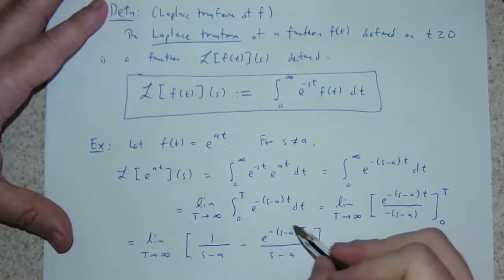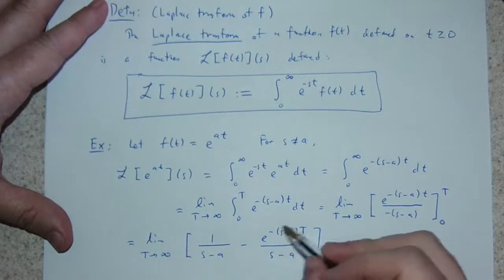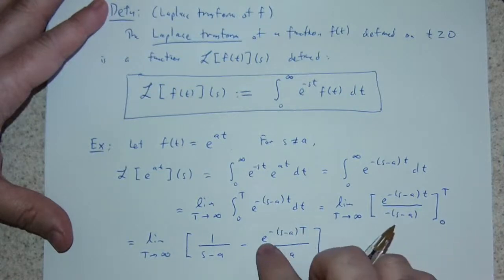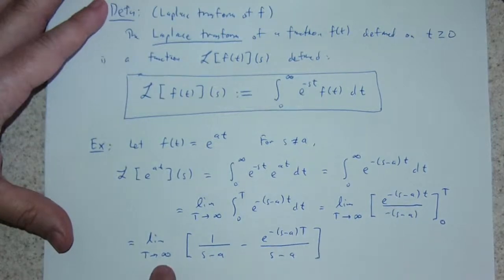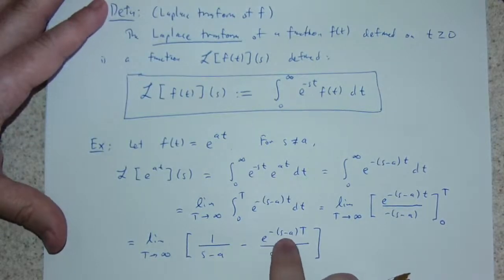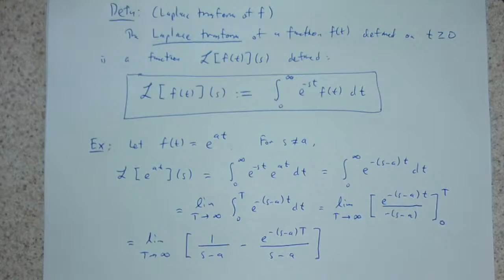If everything before it is negative, then this would be e to a big negative number as T gets larger and larger, which would be effectively 0. This is going to go to 0 if minus s minus a is negative.